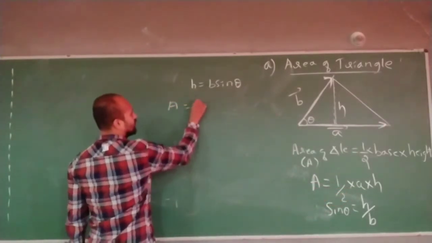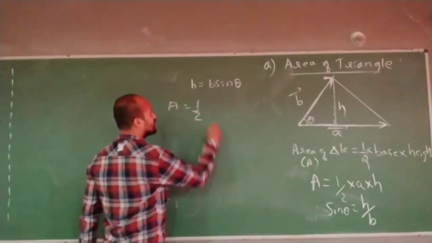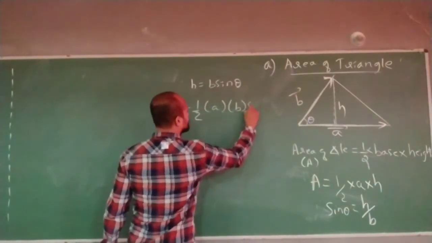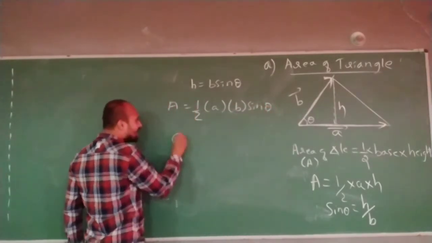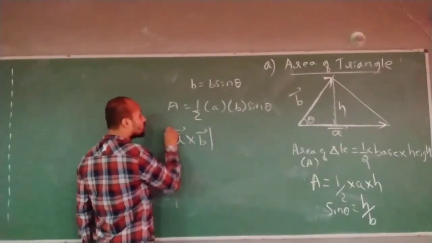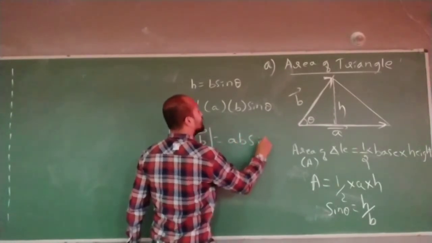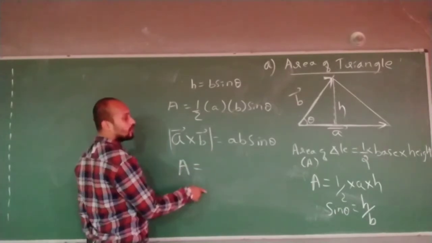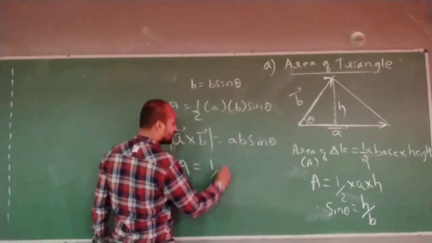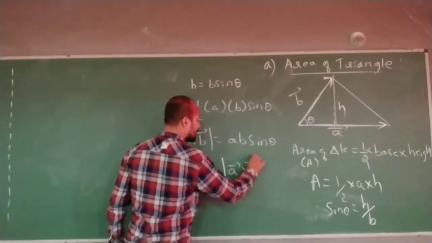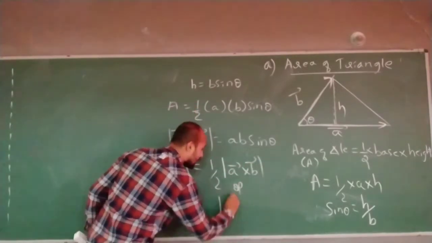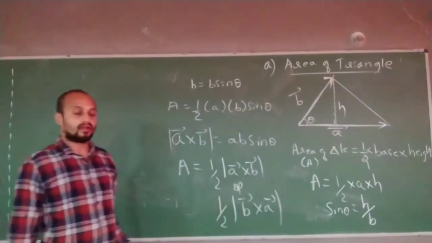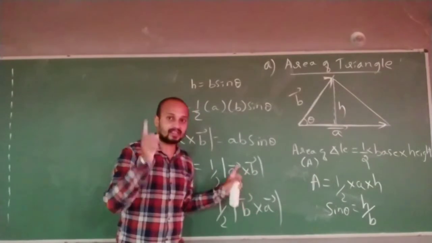So area is going to become half into A into B sin theta. We know that the magnitude of A cross B is given by AB sin theta. So the area of the triangle will be half into mod of A cross B, or half into mod of B cross A. I told you the magnitude of B cross A never changes, direction is changing.